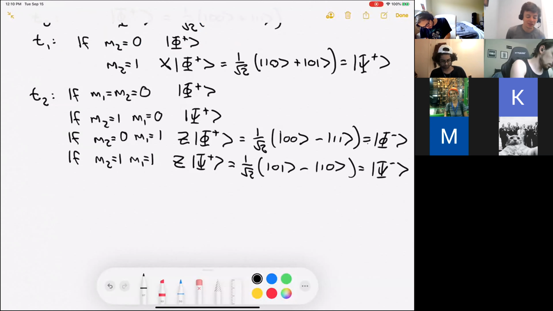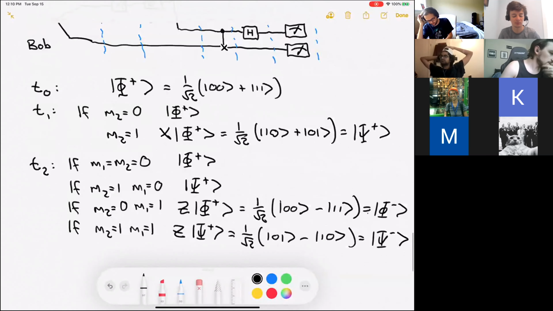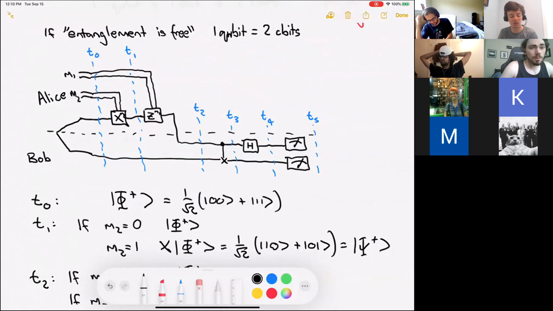So the key point, which is why superdense coding is going to work, is that the rest of the circuit is just bookkeeping. The core trick has already been done. Depending on what M1 and M2 were, we now have 4 states that are all orthogonal, right? These 4 states form the Bell basis. They form an orthonormal basis: phi plus, phi minus, psi plus, and psi minus. Now, once we've sent the 1 qubit held by Alice over to Bob, then Bob will hold both of the qubits.